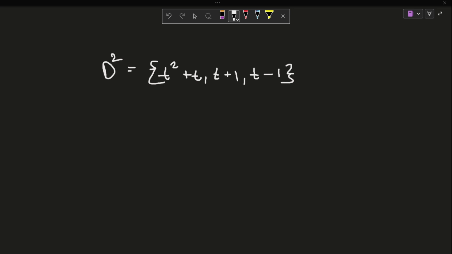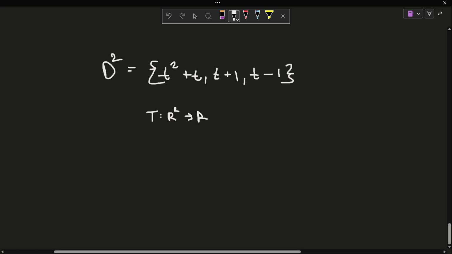This is all going to be p for the transformation from R2 to P2, since we're dealing with t squared, so that's quadratics.